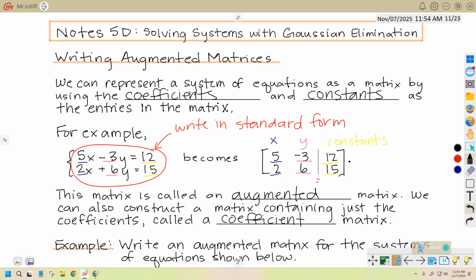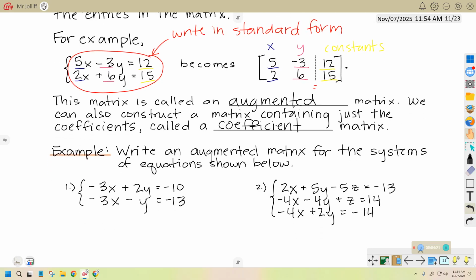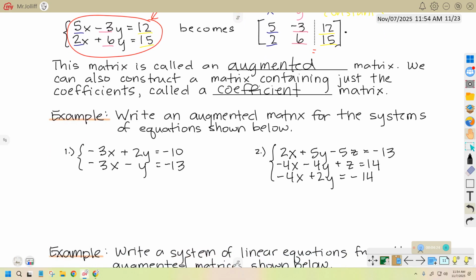So first we're going to practice a skill, which is just writing that augmented matrix, because if you can't do that, you can't do anything else. So let's do some examples. Example 1 says negative 3x plus 2y equals negative 10, and negative 3x minus y equals negative 13.